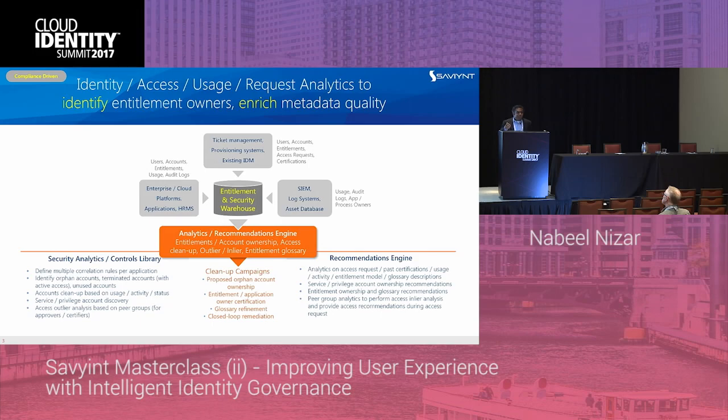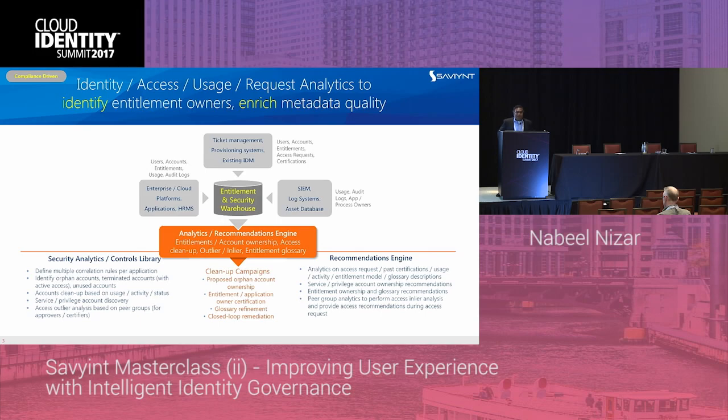And you've got SIM solutions that for years have been collecting all those logs, but have a tough time bringing those logs up into a governance solution to show what a user is doing with that application as well. So herein lies that problem, right? All the artifacts for intelligence exist. It's about bringing it all together to make that user experience for IGA much more palatable to the end user.